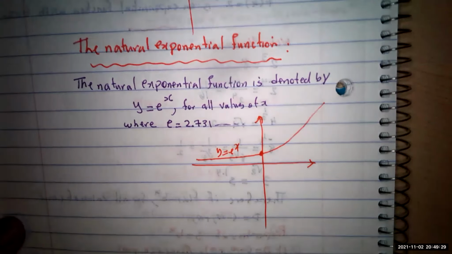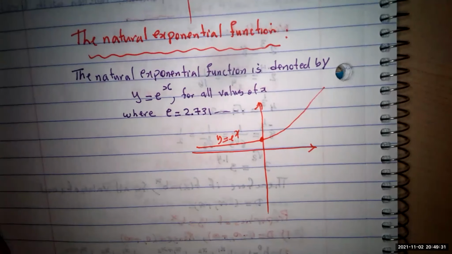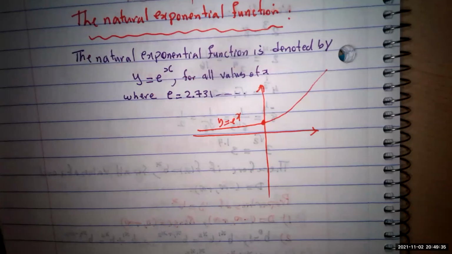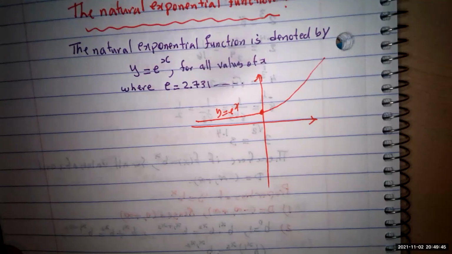Now, why are we interested in this function? Remember, we are interested in the rate of change. This is the only function whose derivative is the same as the function. The derivative is the same as the function.